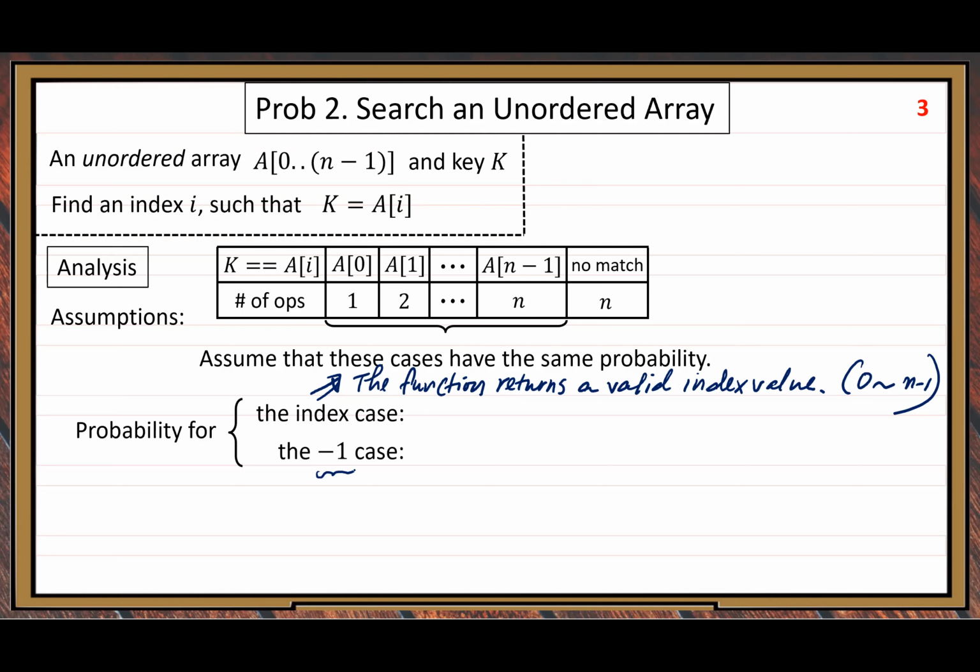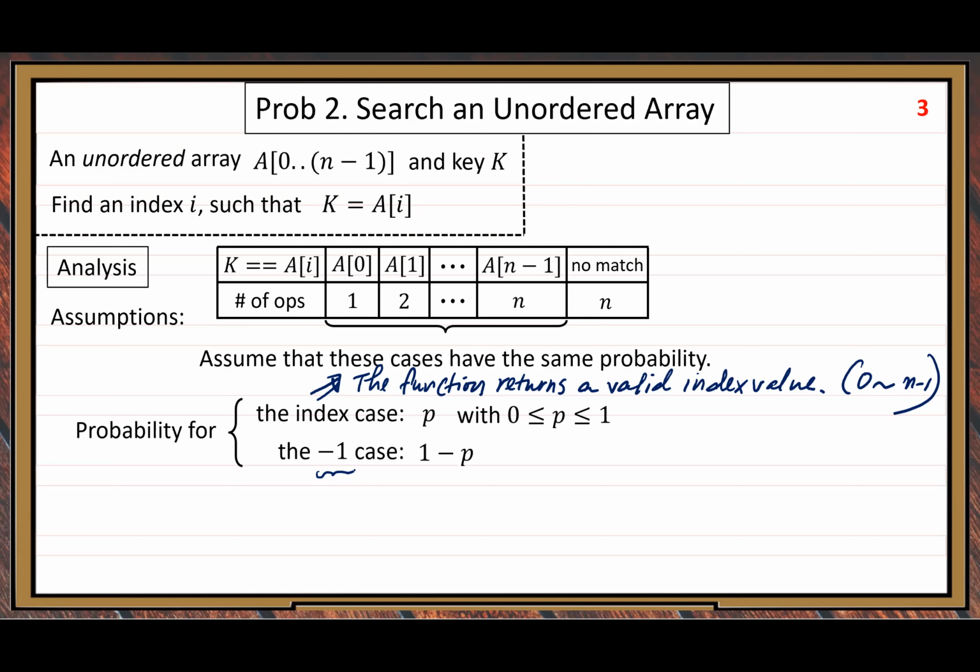So we consider these two cases and their probability. The index case, let us assume the probability is P. P is a number between 0 and 1, a valid probability number in this range.